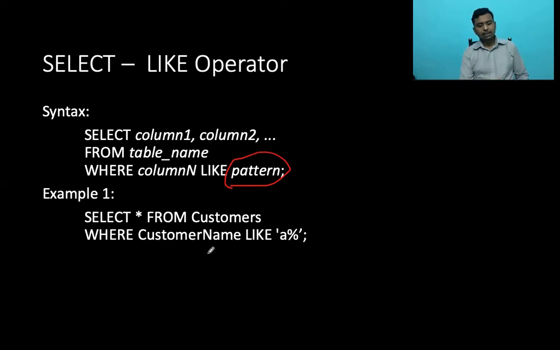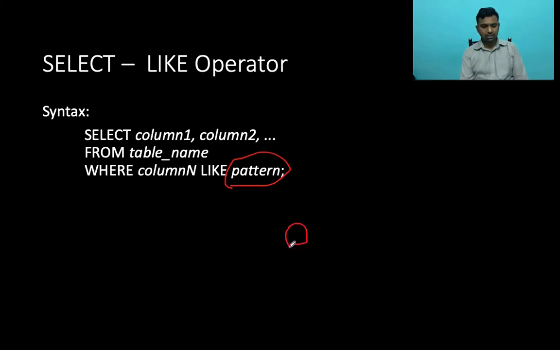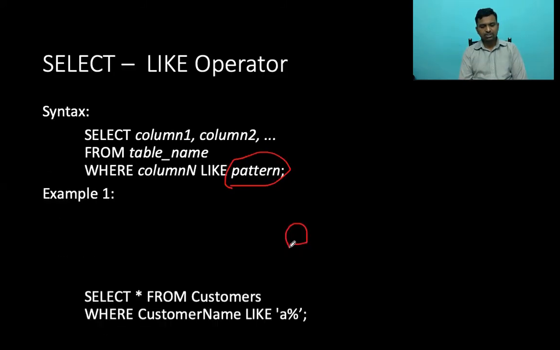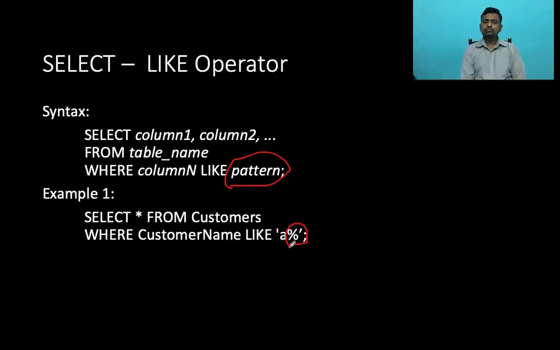So here I'm going to give a pattern: select star from customer where customer like 'a%'. What this percentage means we have seen earlier: a followed by 0 or more characters. It means anything that starts with a is printed.